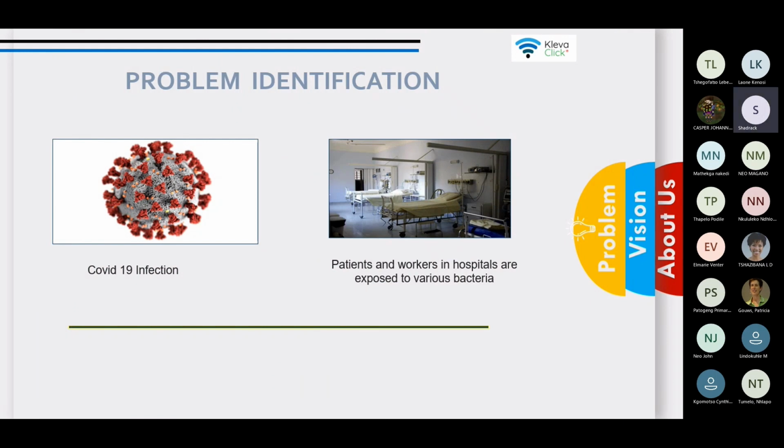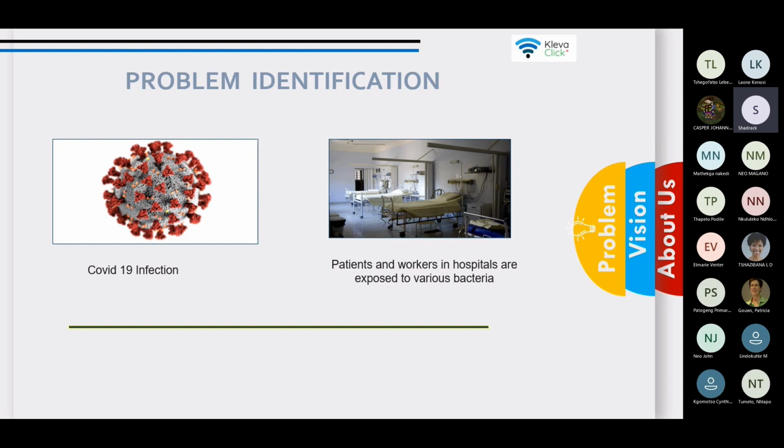What is the problem that we identified first? Everything started in 2019 during the COVID-19 pandemic. As we all know, the whole world was affected, not just South Africa. It was during this period, especially during the lockdown, that my friend Elise and I, being engineers and entrepreneurs, saw an opportunity to apply whatever we've been learning in school.